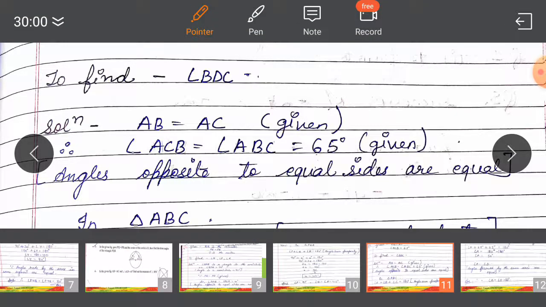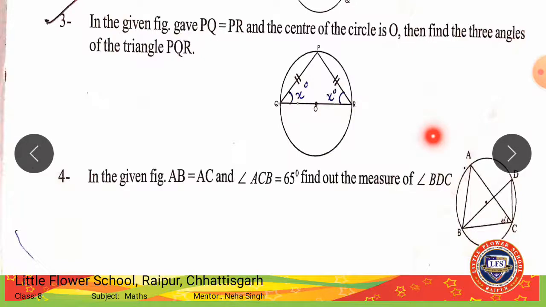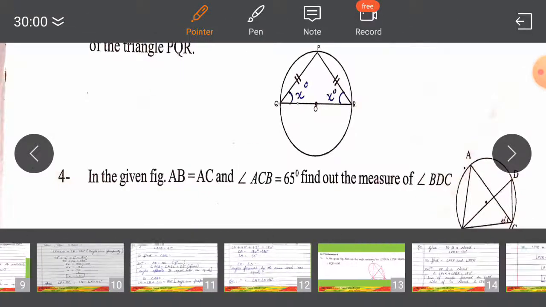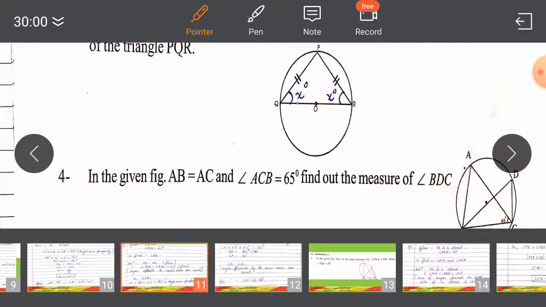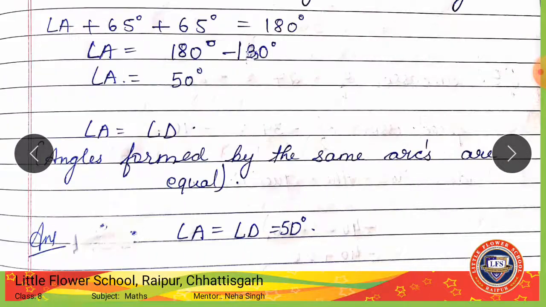Now coming to triangle ABC, when we are dealing with this triangle ABC, angle A plus angle B plus angle C will be how much? 180 degrees. Why 180? Angle sum property, right? So after applying the angle sum property, we will put down the values. B and C values, just now we found, are 65 degrees.